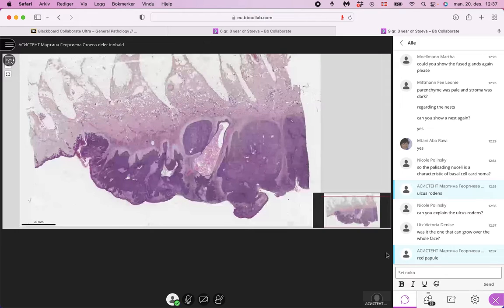But soon after that, this papule undergoes necrosis in the center or ulceration. So finally, it looks like an ulcer. So an ulcerated lesion on the face is highly suspicious for basal cell carcinoma.